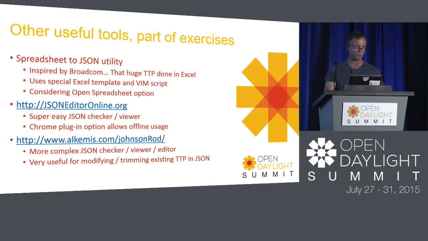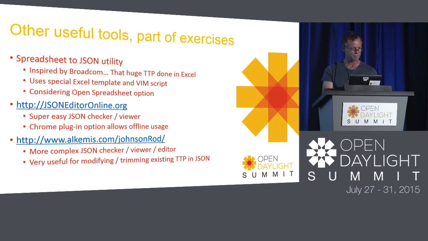Now, we thought at first that they were going to convert it into comma-separated values, CSV files, and then just programmatically convert that into JSON, and we were going to just happily take their utilities, but they didn't do it that way. They did it some other way, and they basically said, no, please, we'd rather not give that out because they're a support nightmare. So I said, well, I'm going to be inspired by that and create my own Excel to JSON process, which we'll show in a minute.